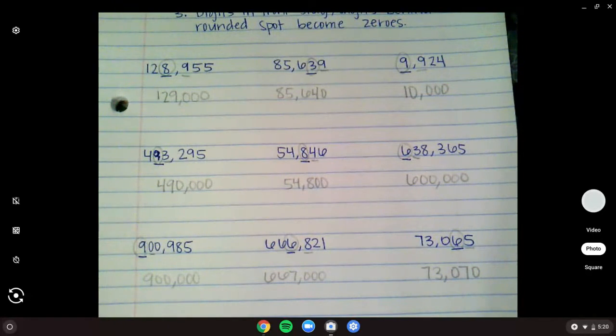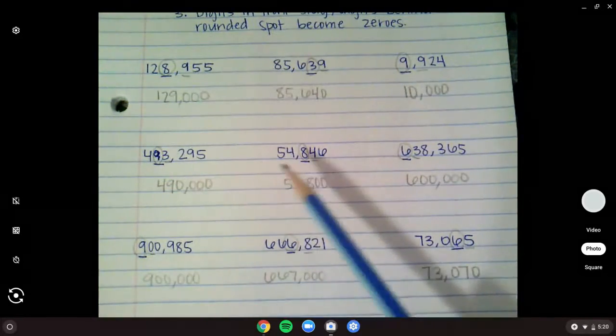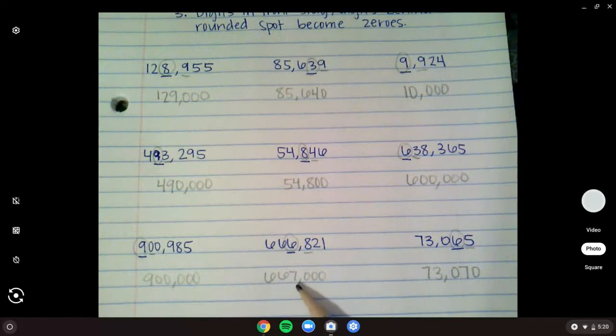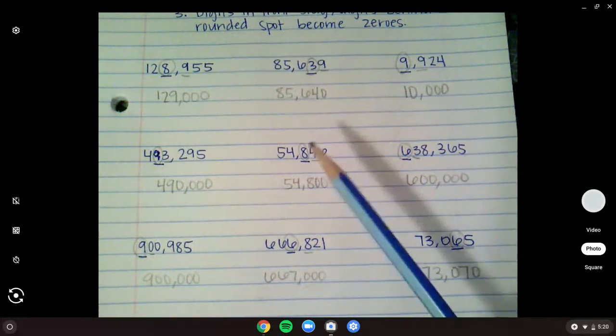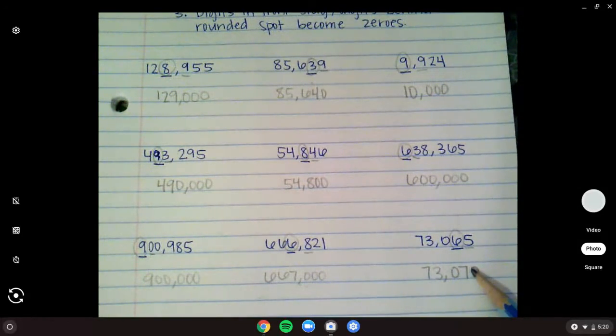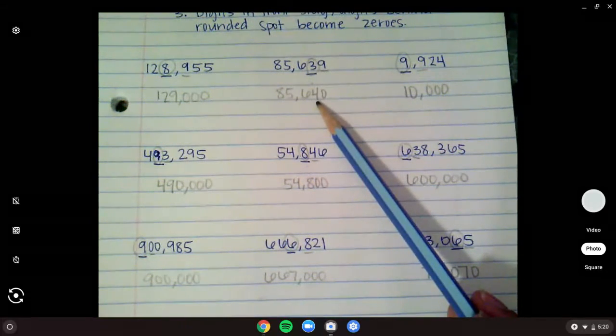Did you notice that as we round further away from our ones place, it's a bigger number, right? More of it is different. But as we round closer to that ones place, more of our number stays the same.